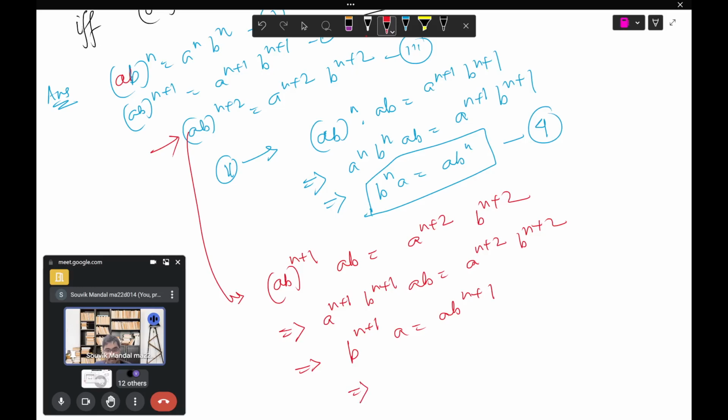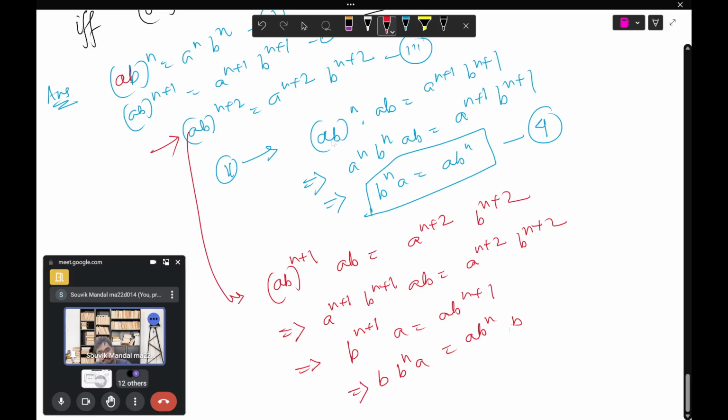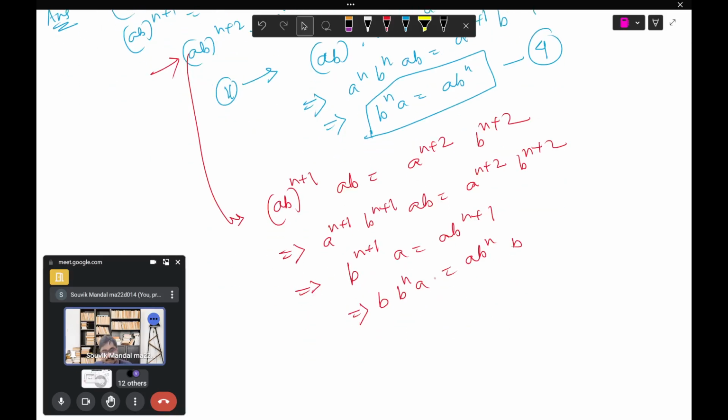Now this implies what? b into b to the power n a can be written as a b to the power n b. Now it is known that b to the power n a is equal to a b to the power n.